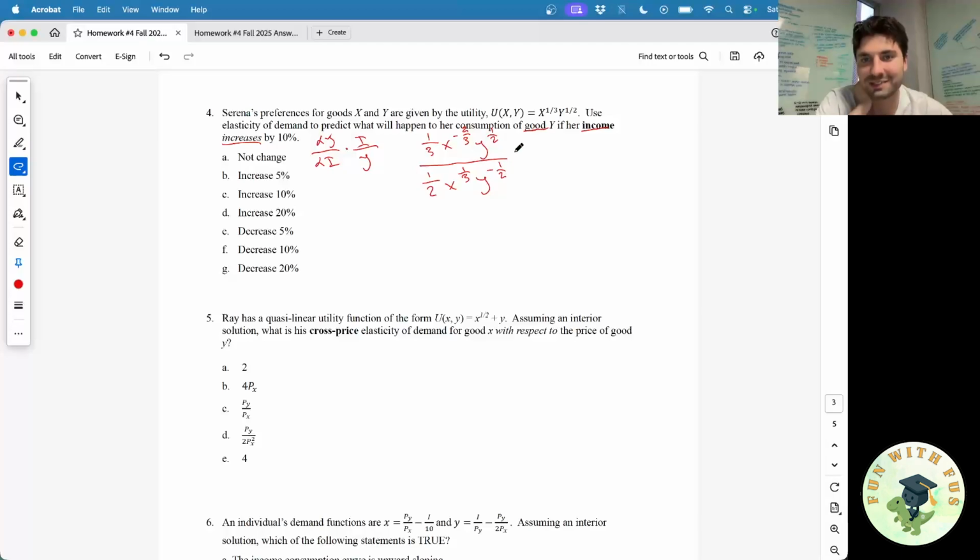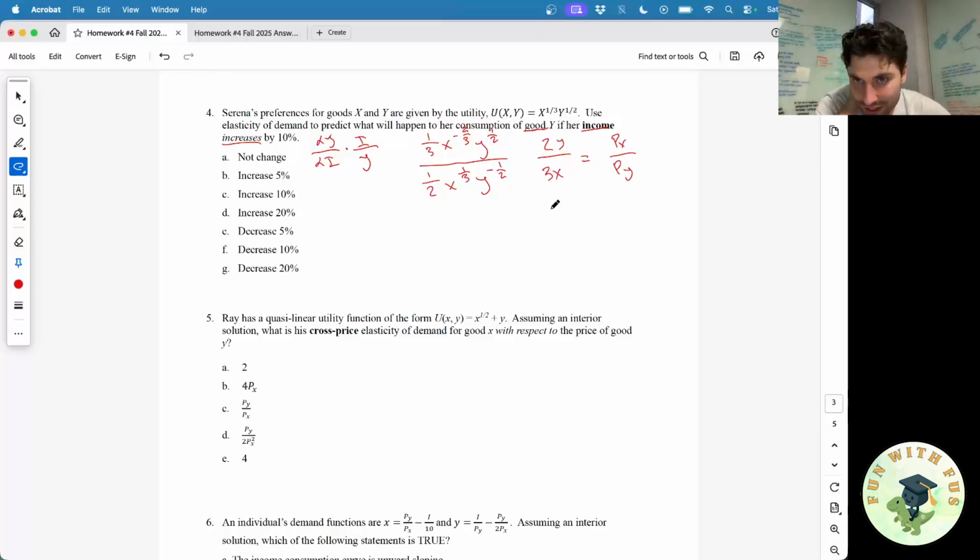But okay, so I think that's our MRS. This thing is going to come down, that's going to go up. So we're going to get 2y, because the 2 will come up, over 3x, I think. And then equal that to the price of x over the price of y.